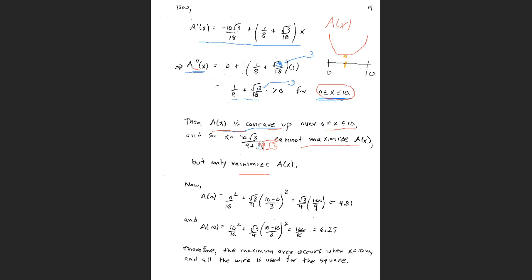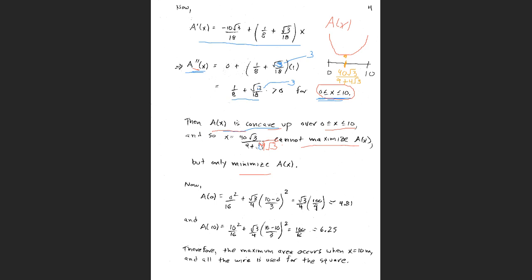Okay, I don't want to write that in, but I'll try. 40 root 3 divided by 9 plus 4 root 3. Okay, that's the critical value.